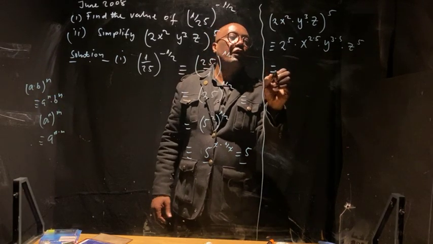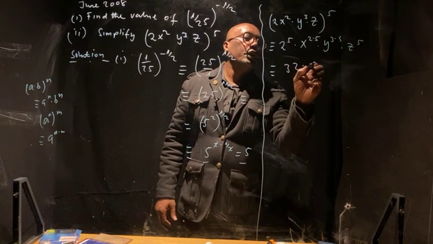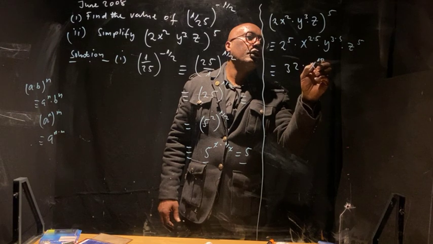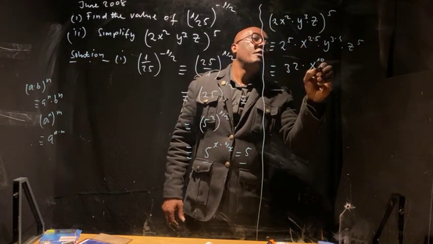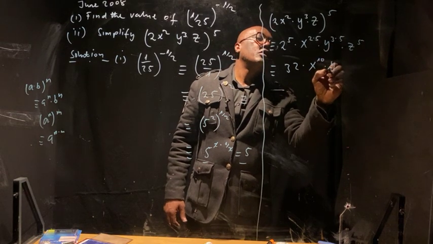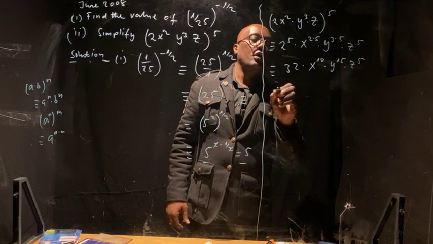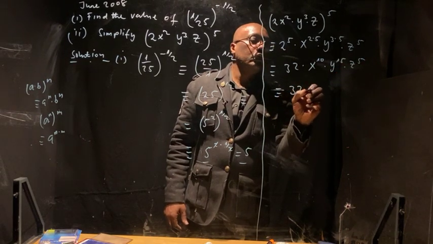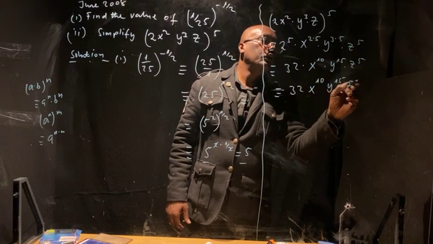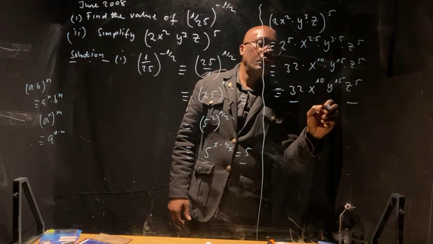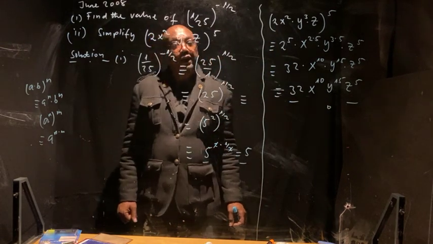So you have 32 multiplied by x raised to the power 10, multiplied by y raised to the power 15, multiplied by z raised to the power 5, which is no different from 32 x^10 y^15 z^5. That's it. Take your time to copy.